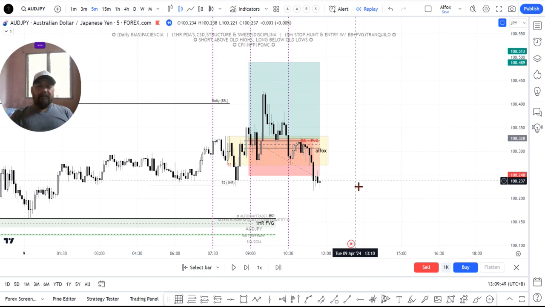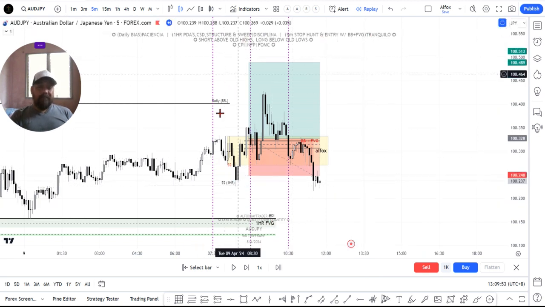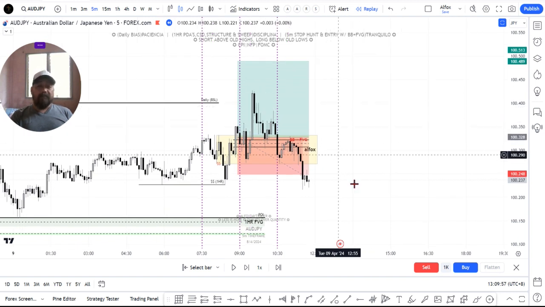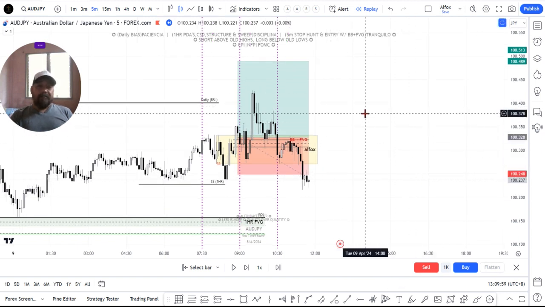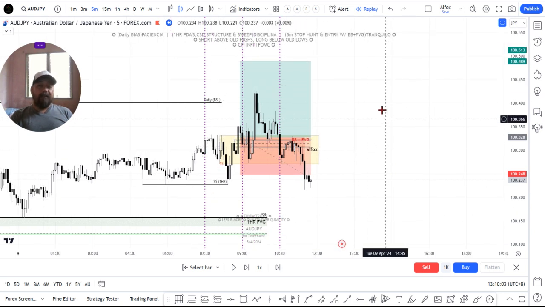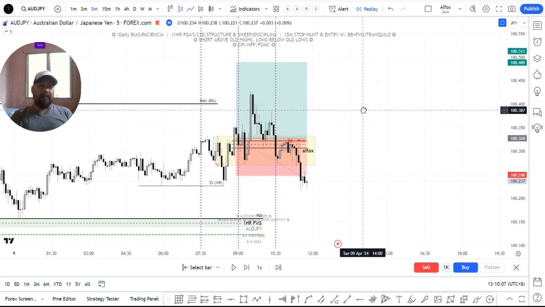Normally we will feel bad with this loss. I was negative 1R for this. I'm risking 1% of my account, so that's negative 1R for me.